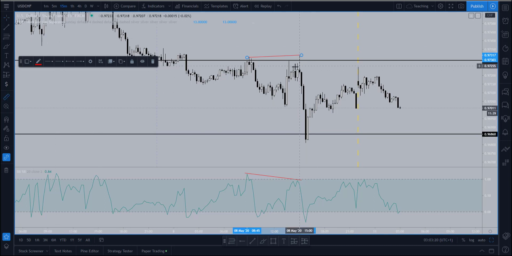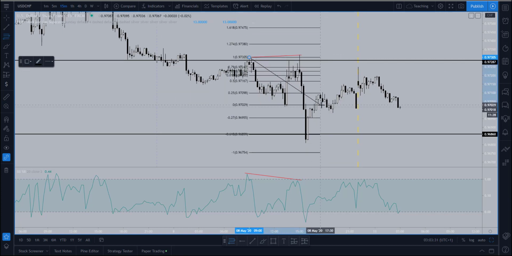If you shorted, let's say you use the Fibonacci, it would have gone above the 1% level, which is not what you want.